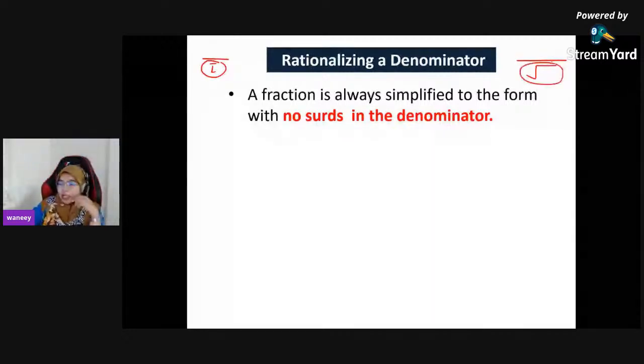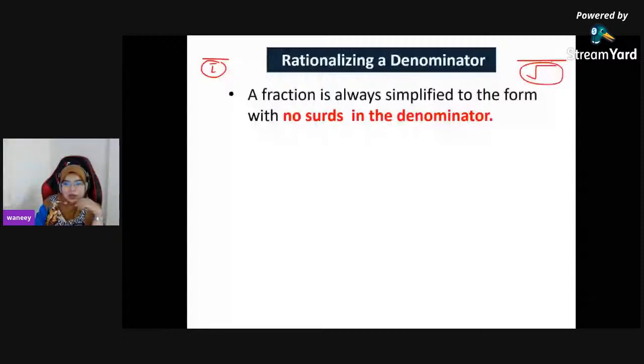Okay, so how do we simplify them? Basically you multiply both numerator and denominator. If let's say you only have one term, then you should only multiply with the surd.